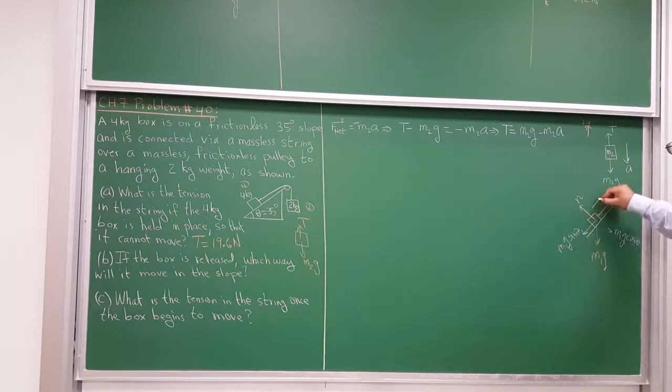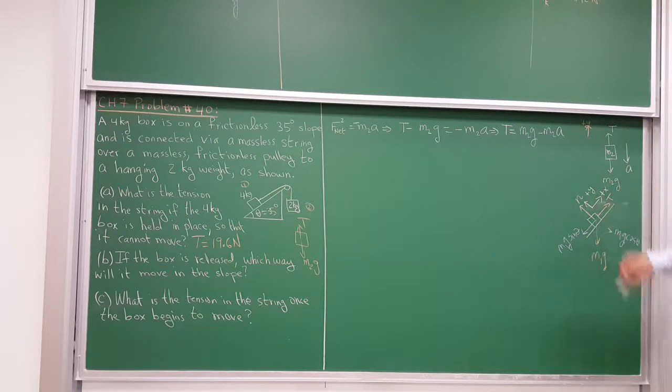I can choose this to be the positive x, and this to be the positive y direction. There is no motion in the y direction. There is no friction, so I don't really care about the normal force. If there is friction, then we will say the normal force is equal to M1g cosine theta, and friction would be the coefficient of friction times the normal force. There is no friction, so I don't care about it. Don't worry about the y direction.